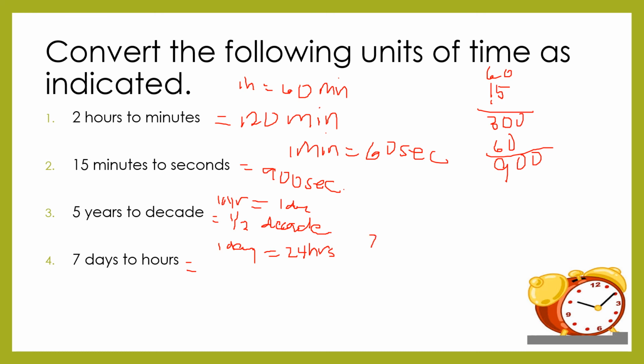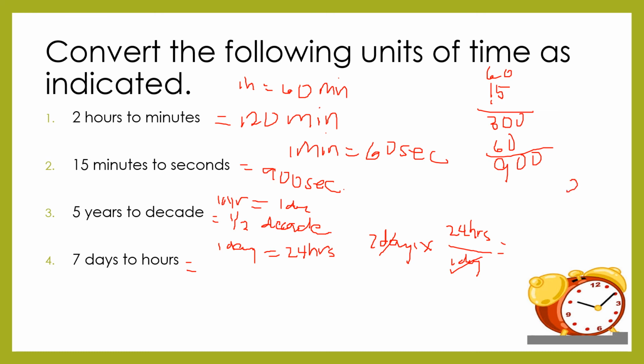Okay, 7 days times 24 hours over 1 day. So cancel. So we have 7 times 24.